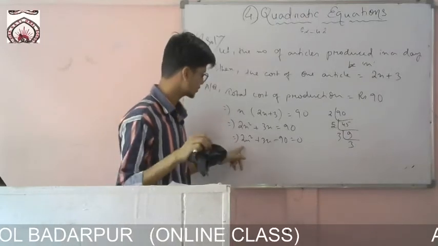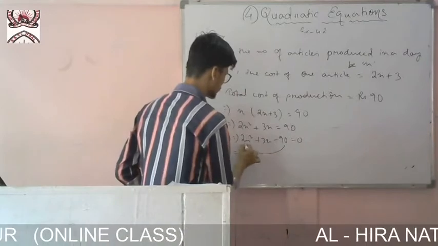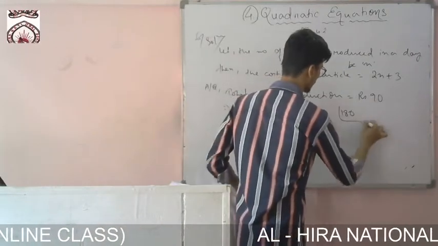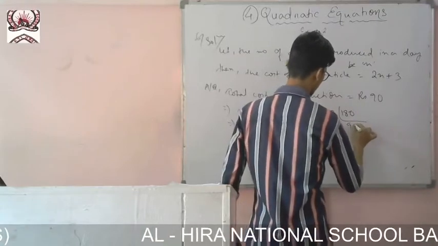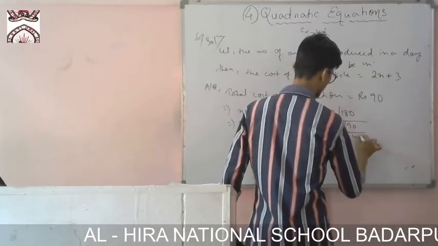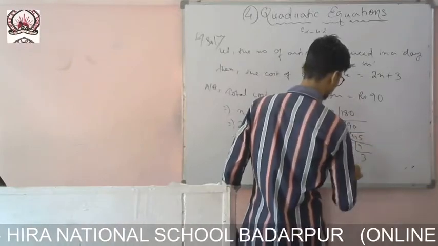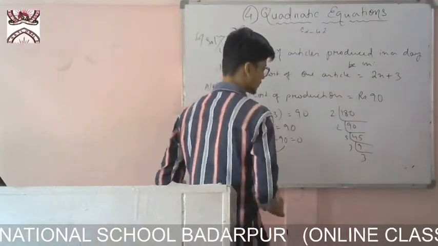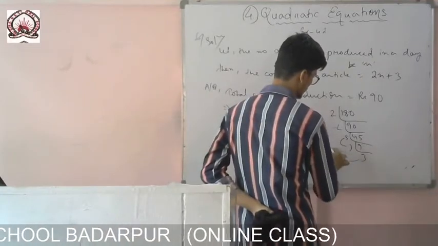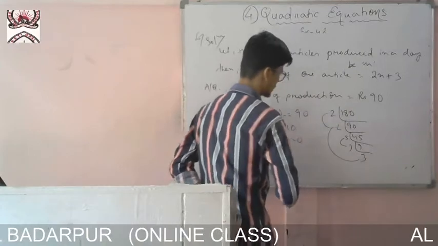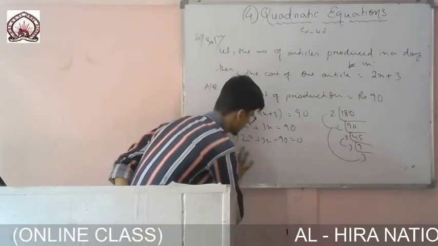Oh, sorry, the 2 is there. 19 into 2 is 180. So it will be like this: 2 into 2 90s, 2 45s are, then 5 9s, 3 3s. So it should come 3. I can write it as 5 3s are 15, 6 2s are 12. So 15 minus 12 is 3.